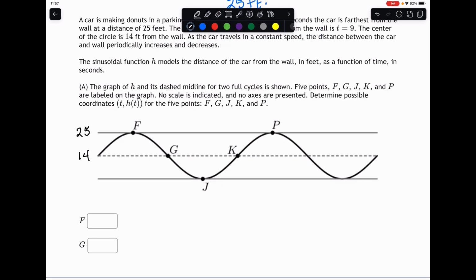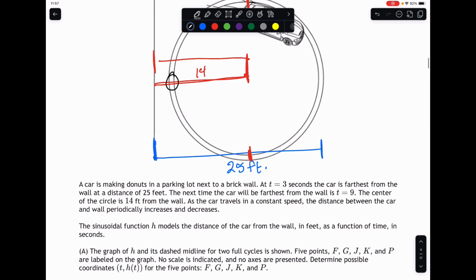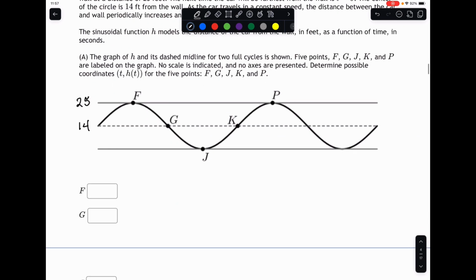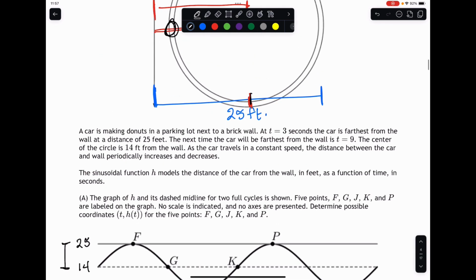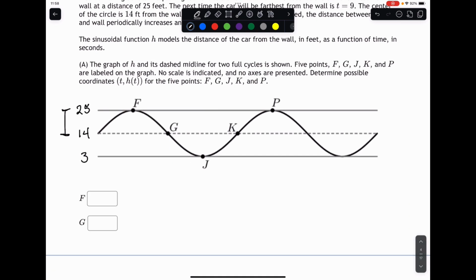So let's do that. Since we know that when we're furthest from the wall, that's going to be the highest point in this function, that's going to be 25 feet. When we're in the middle, the car is 14 feet from the wall, which means at the closest level, when the car is located right here, that's going to end up being a total of 3 feet, since the distance from the furthest point to the middle location is equal to 14, a difference of 11 feet.